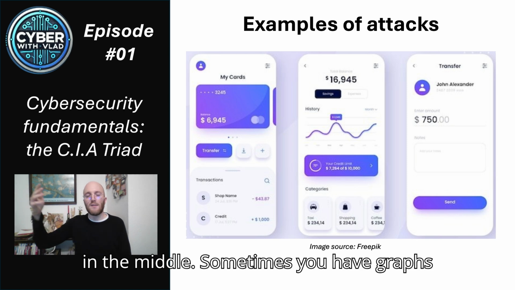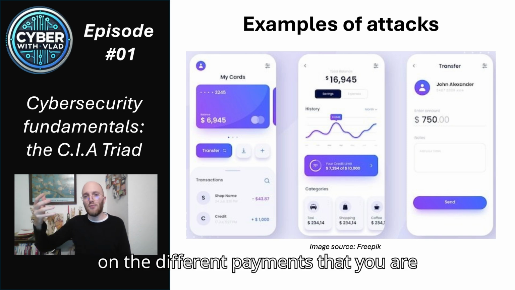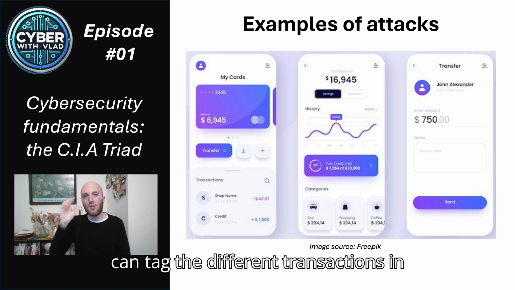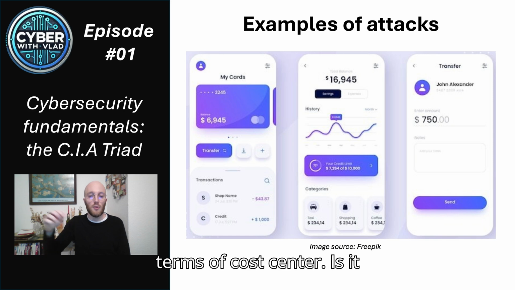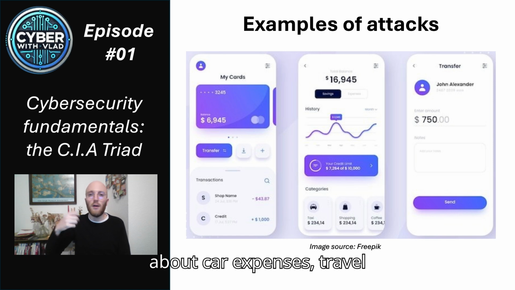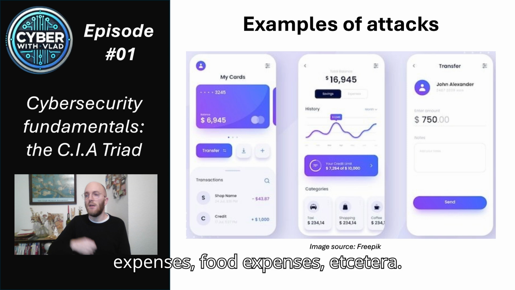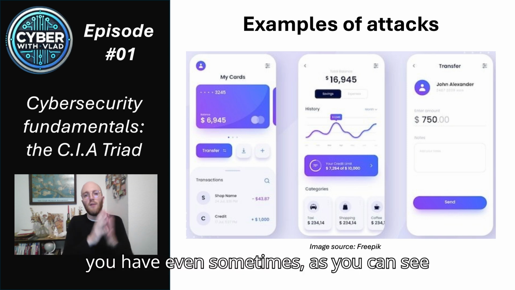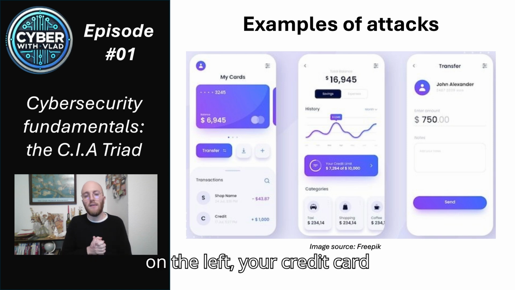Sometimes you have graphs of the payments you make on a weekly or monthly basis. You can tag the different transactions in terms of cost center: car expenses, travel expenses, food expenses, etc. You have the history of your payments.